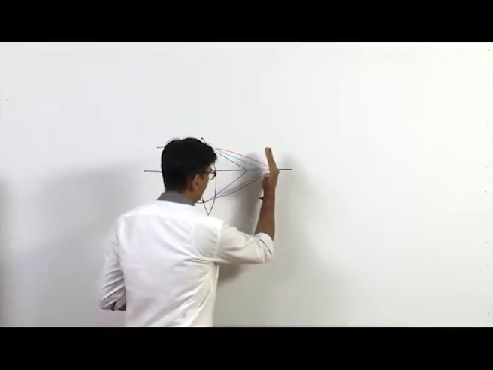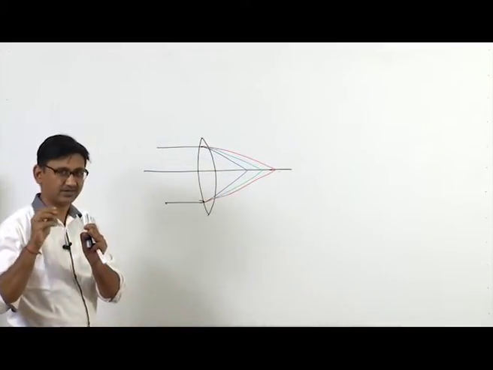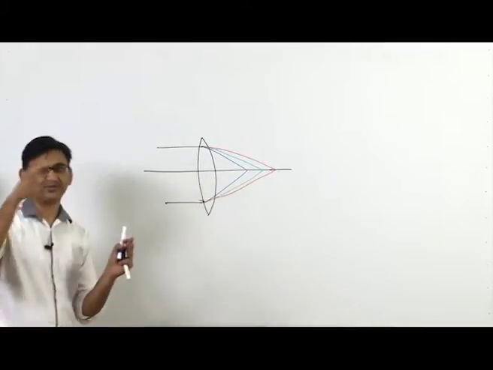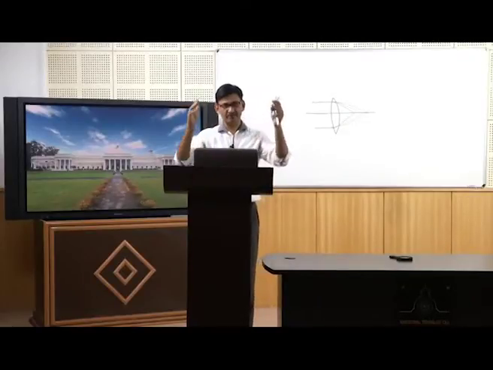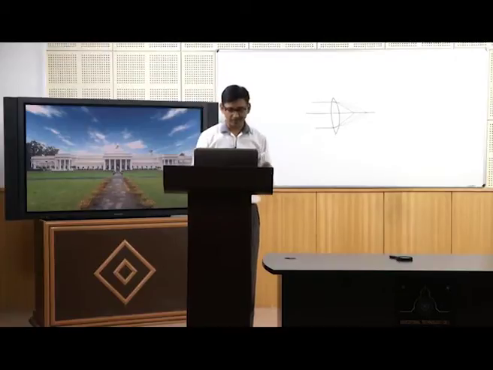If my eye or screen is here, then the reddish image will be clear, and there will be a blue halo around the image. So, after the features, or whatever is the edge of a building or something, you will get some multiple colors next to that particular image.